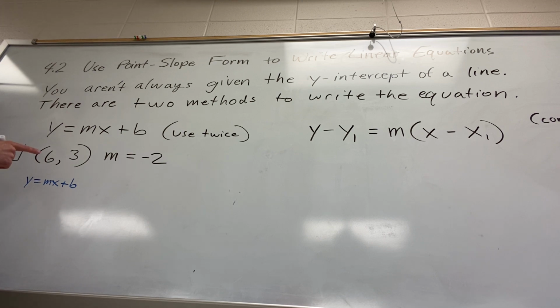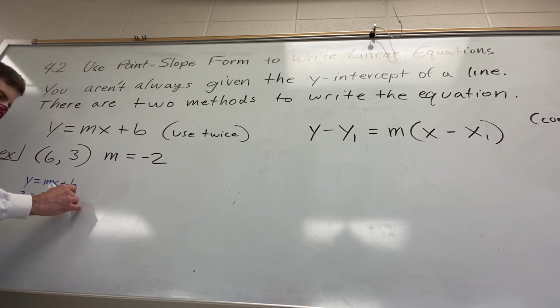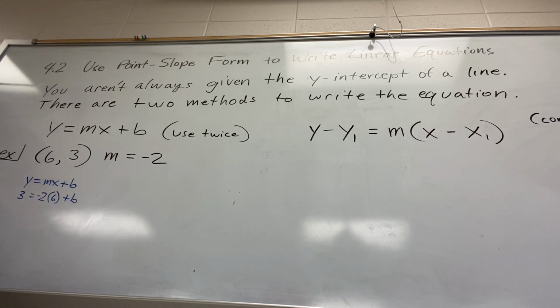So what you do is you temporarily fill in a 3 for y, a -2 for m, 6 for x. Do you guys see how that allows us now to solve for b? This will be negative 12. I'm going to do a shortcut. That's negative 12, so then I would add 12 over.